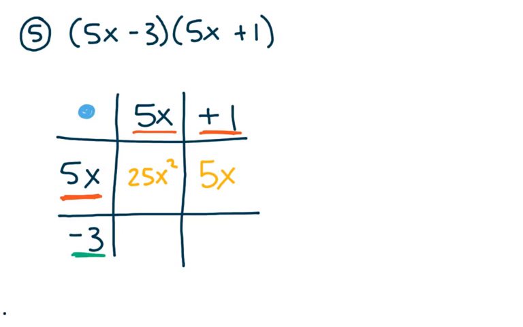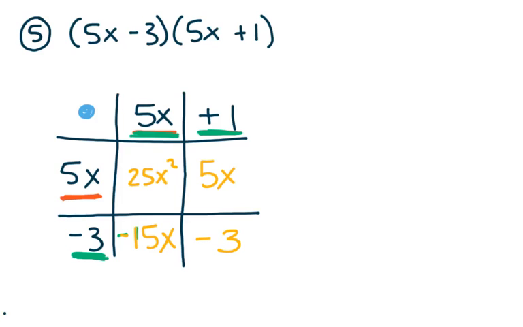On to my negative 3. When I multiply my negative 3 to my 5x, I get a negative 15x. And then when I multiply negative 3 times a positive 1, I get a negative 3. Watch your signs when you're doing that multiplication with the negative 3.